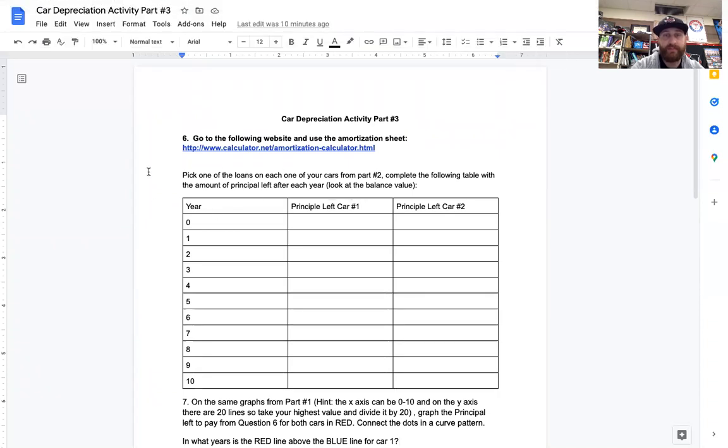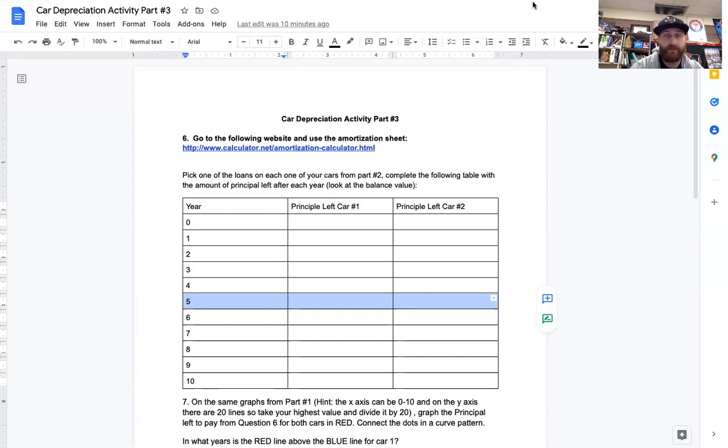I asked you guys to pick a loan, pick one of the loans on each one of your cars from part 2. So let's just say I'm going to pick 5 years. You had all the way up to 10 to choose from. I don't really want you guys to pick 3, but you can pick like 5, 6, 7, or 10. But I'm going to pick 5.